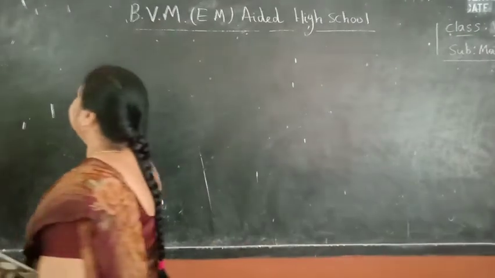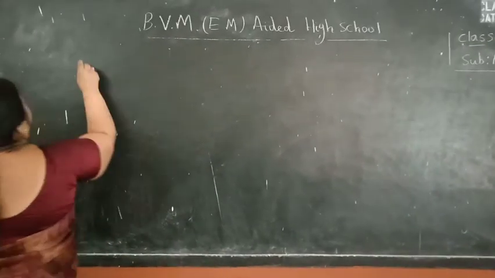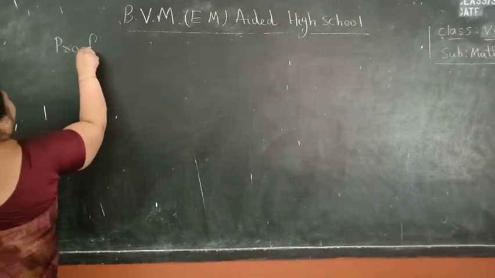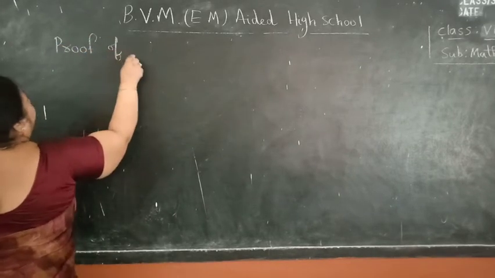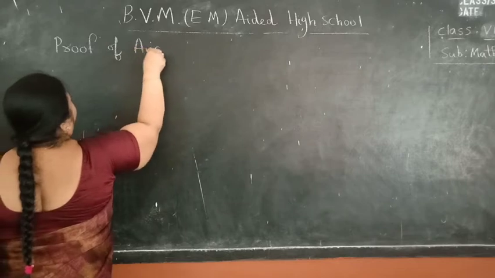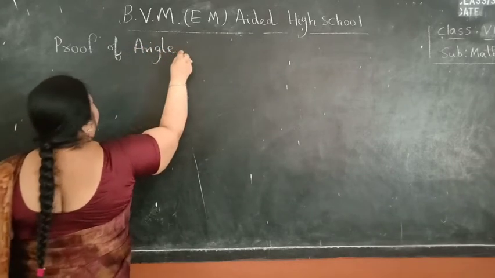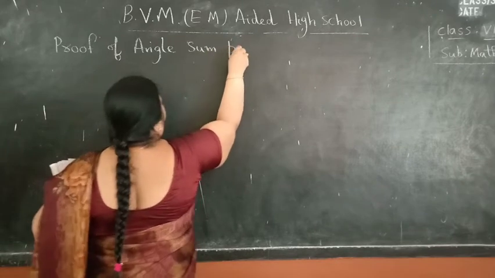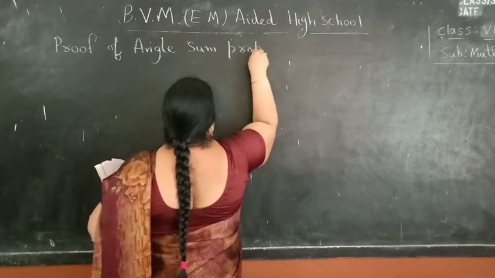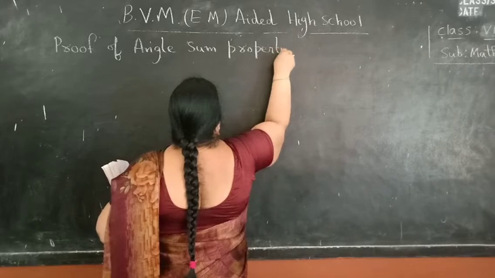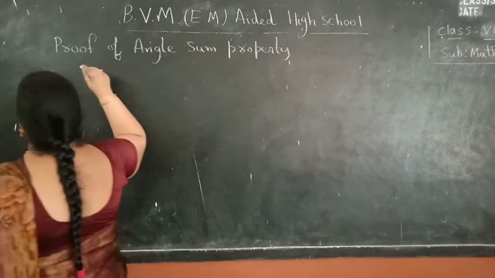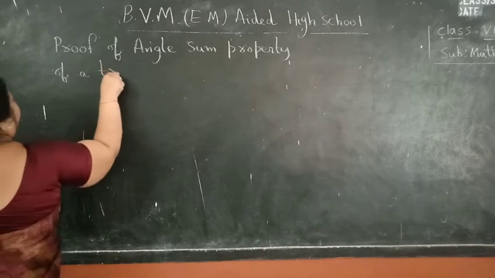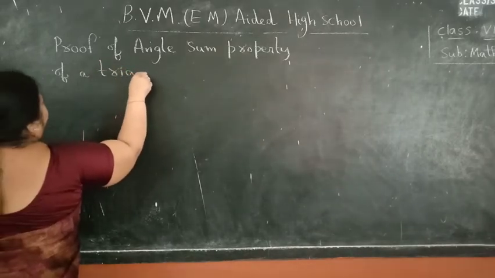Group of angles and angle sum property of a triangle.